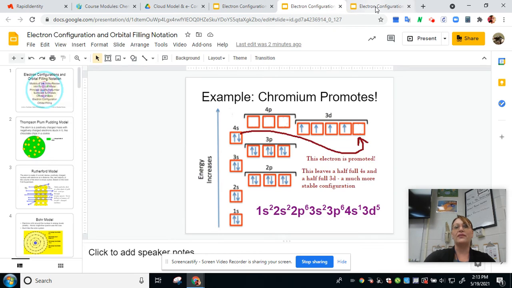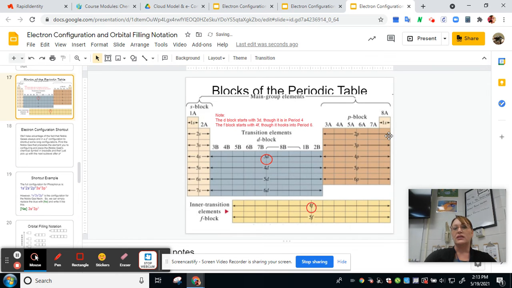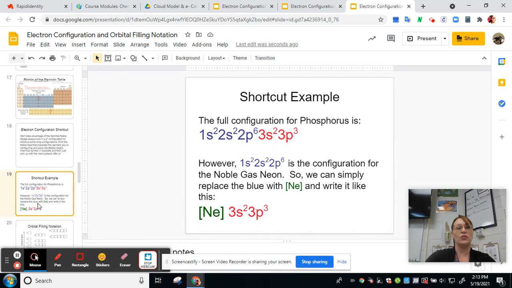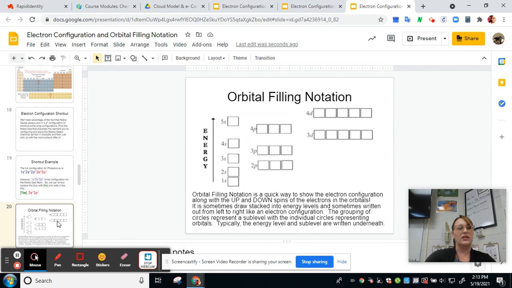There's neon, and then what comes next is the 3s sublevel, and then the 3p, and phosphorus would be in the third block, so 3p3. So that's the shortcut notation: I got the 3s2, and then the 3p3. I like that shortcut notation. On really big atoms that you're trying to write a configuration for, it saves you a ton of time.